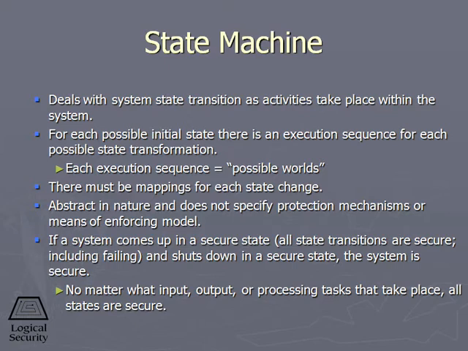So that says, power up securely, do whatever you have to do, even if it's fail, do that securely, and shut down securely. And what you have is a foundation for an operating system and applications that can remain secure. So to summarize, no matter what input, output, or processing tasks take place, all states will remain secure. These are the fundamental concepts of the state machine.